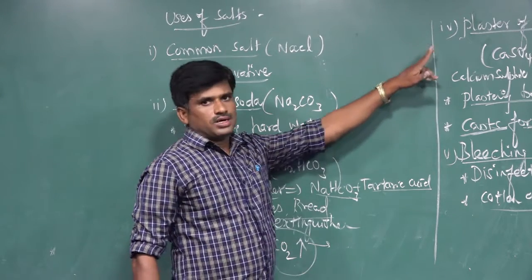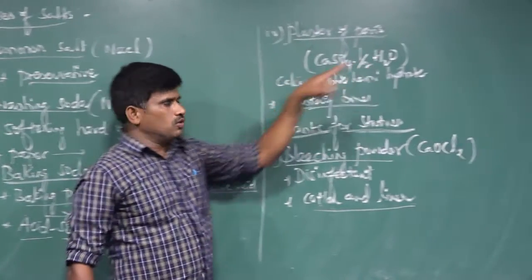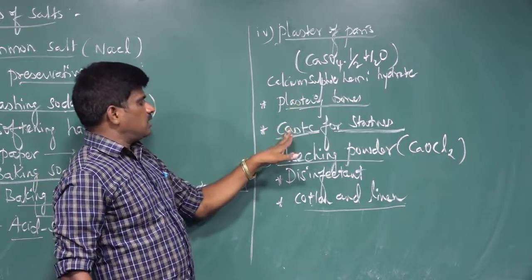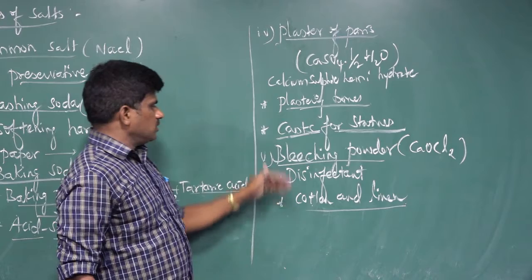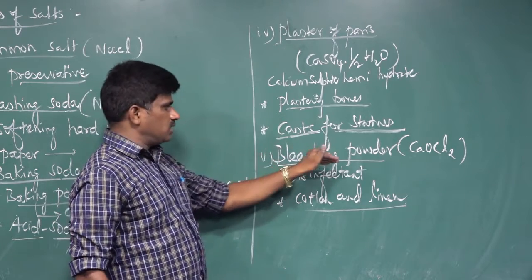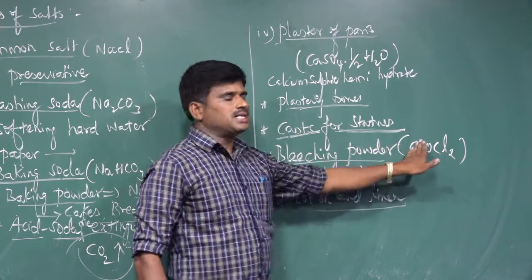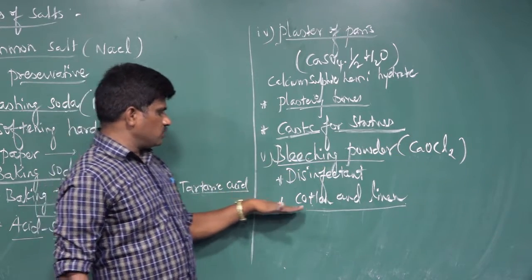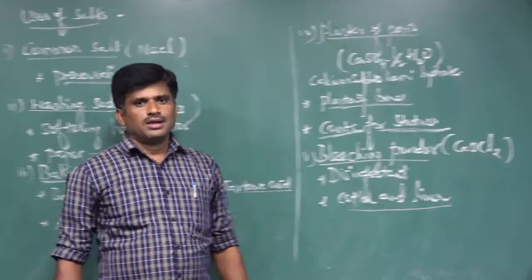Then plaster of Paris, CaSO4 dot H2O, is used for plastering bones and making casts for statues. The last salt is bleaching powder, CaOCl2, calcium oxychloride. It is used as a disinfectant and for bleaching cotton and linen in industries.